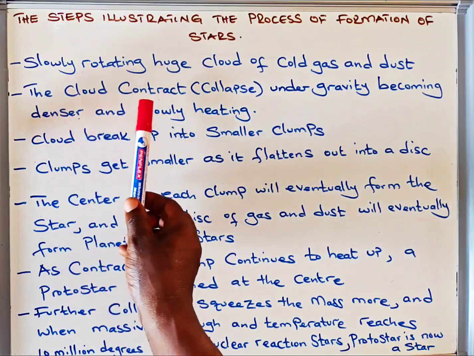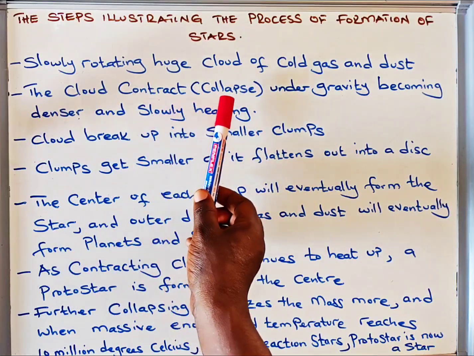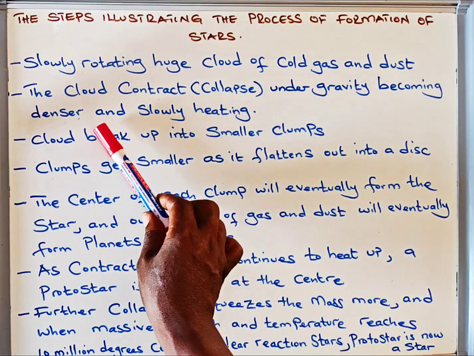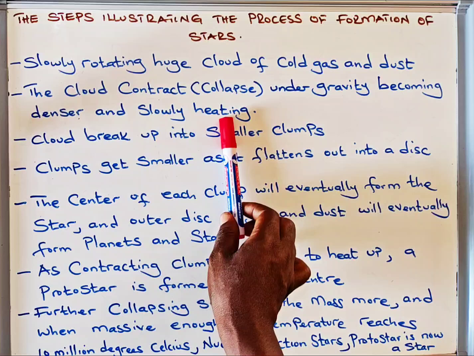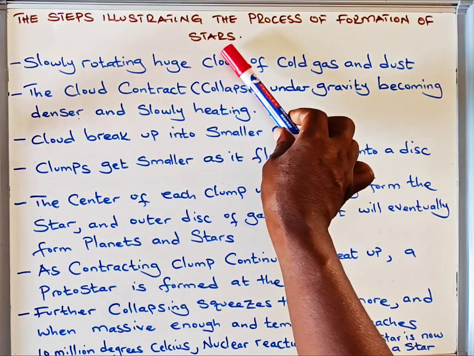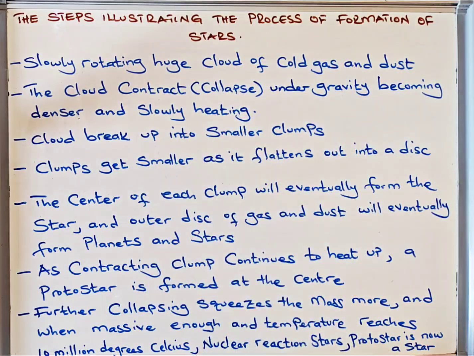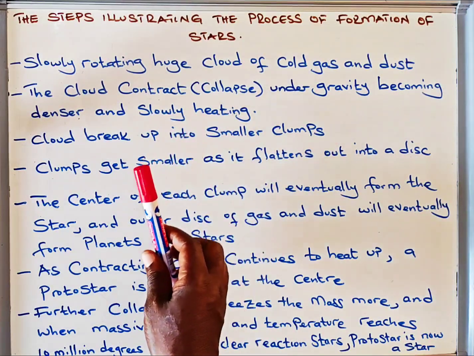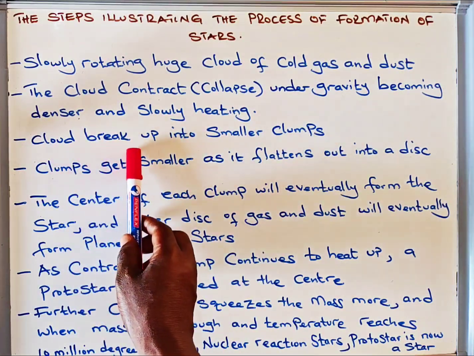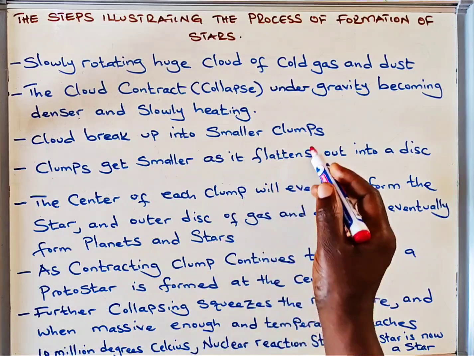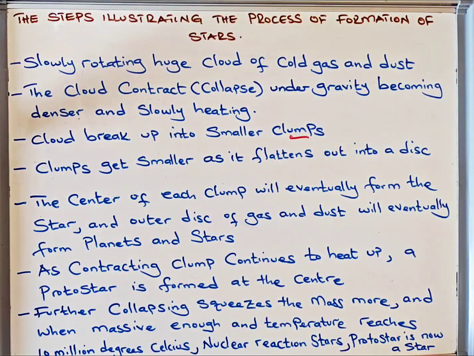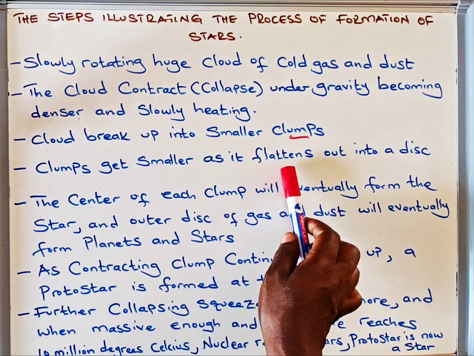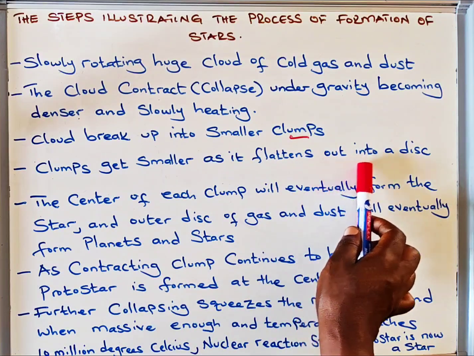The cloud contracts or collapses under gravity, becoming denser and slowly heating up. Remember, at first it was cold. Now, because of the condensing, it starts to heat up. The cloud breaks up into clumps. Clumps get smaller as they flatten out into a disk.